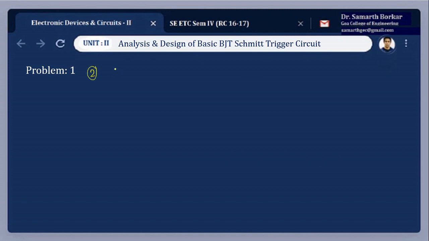Second step, RC2 equals 7.5 volts divided by IC, and IC is 2 milliamperes. So the value of RC2 is 3.75 kilo ohms. The nearest standard value will be 3.9 kilo ohms.